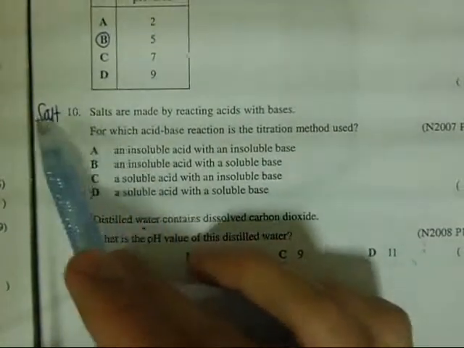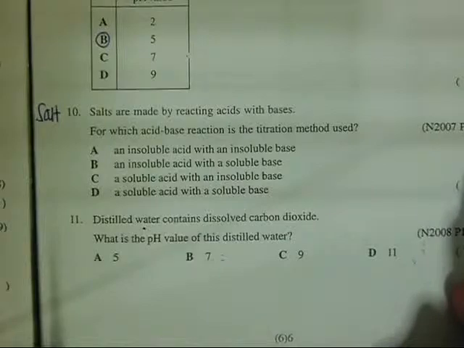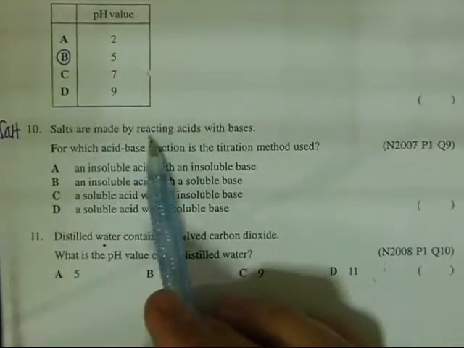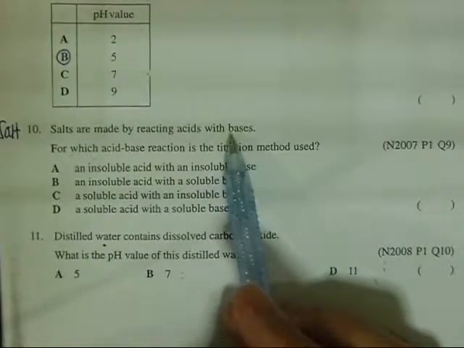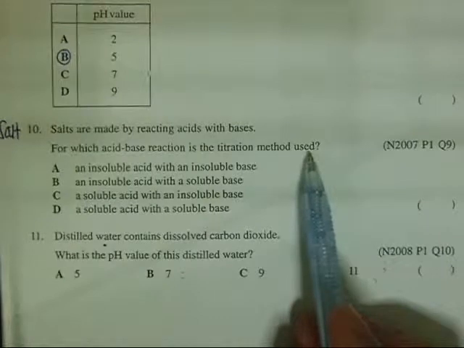Okay, the next question is from the salt chapter. This is year 2007, paper 1, question 9. Salts are made by reacting acids with bases. For which acid-base reaction is the titration method used?